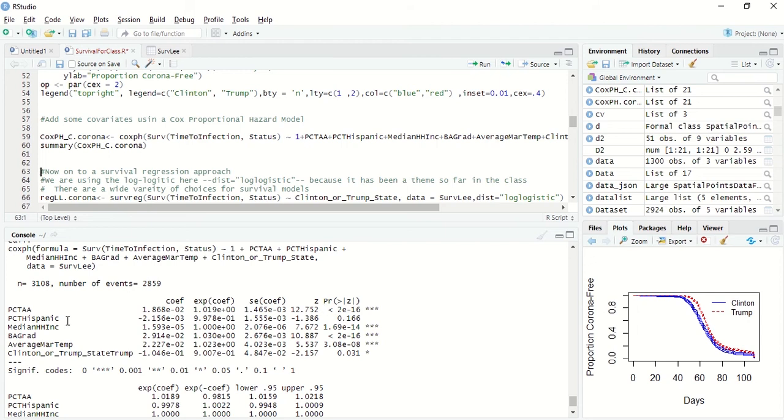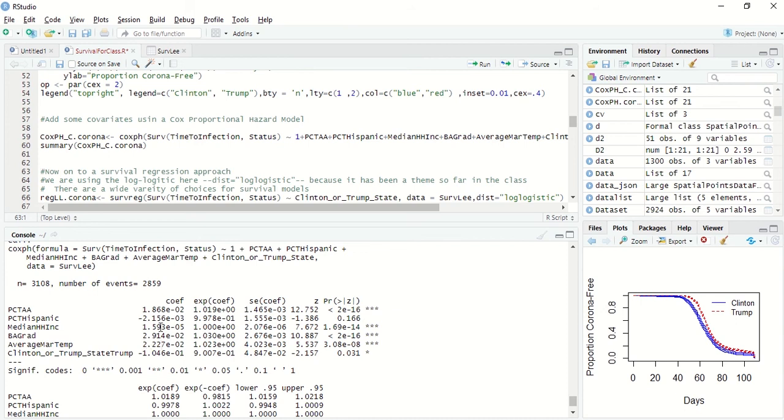And sure enough, we see that the percent African Americans positive, percent Hispanics is negative, median household income is positive, BA grads positive, average March temperature positive.